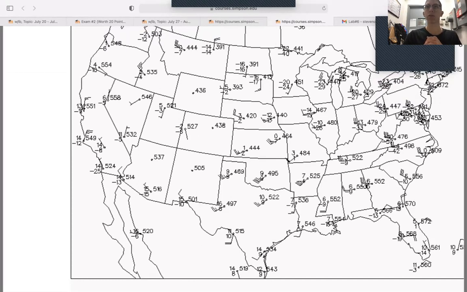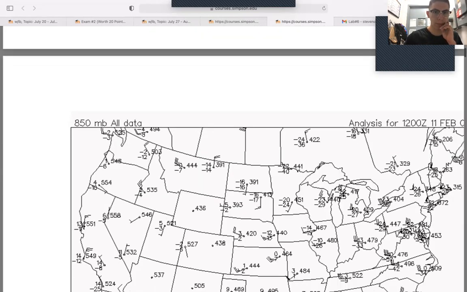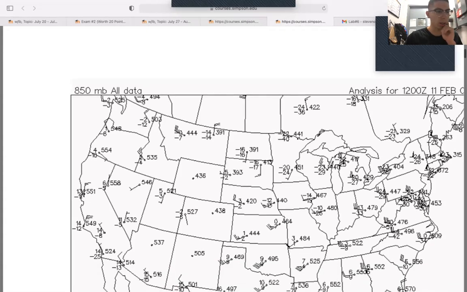So then that calls for precipitation, and there's lifting in the air. If it's an unstable atmosphere, there's going to be lifting in the air, and that's how we see it. So let's start using the 850 millibar chart at 12Z.